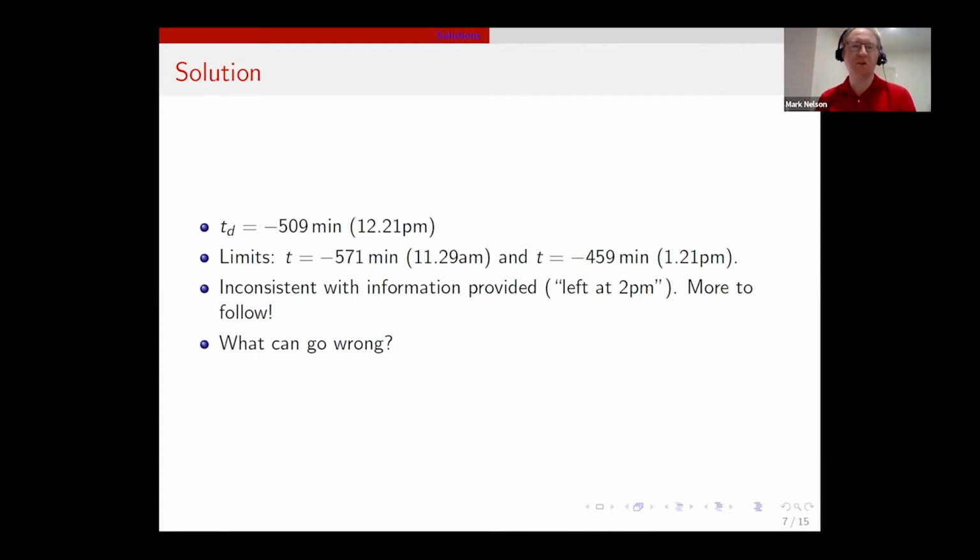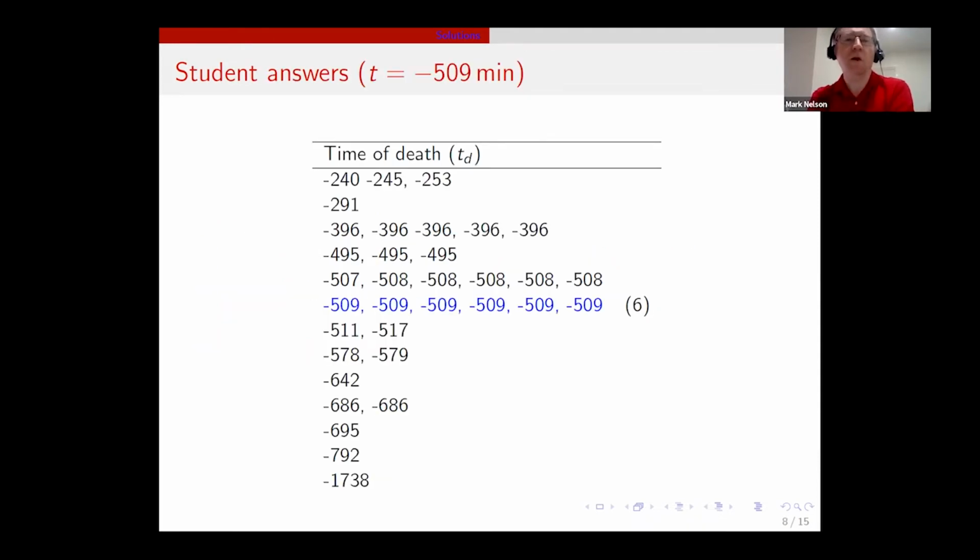All right, this is my kind of refrain throughout the talk. What can go wrong? The numbers in blue are the students who got the correct answer, which were 6 of them. And these are all the other student answers. And we can see that there's quite a wide range of answers here.